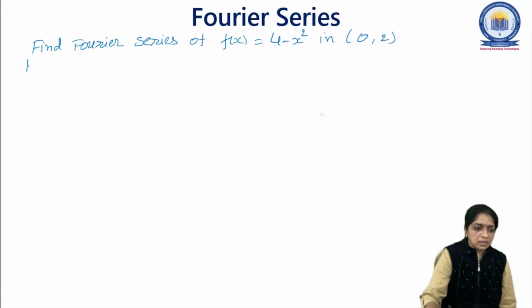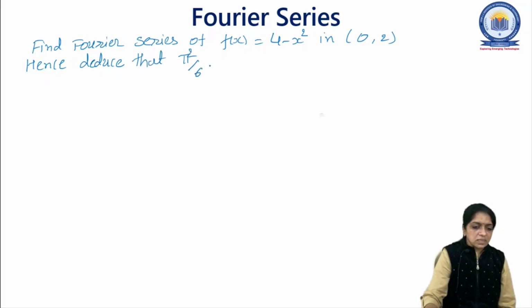Hence, deduce that pi square by 6 is equal to 1 upon 1 square plus 1 upon 2 square plus 1 upon 3 square plus, and so on.